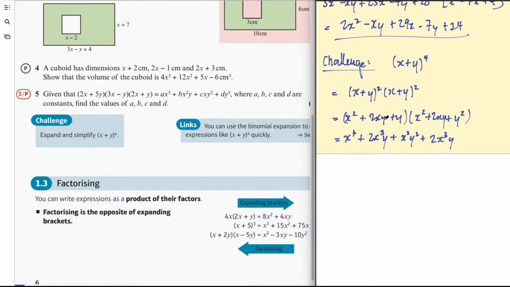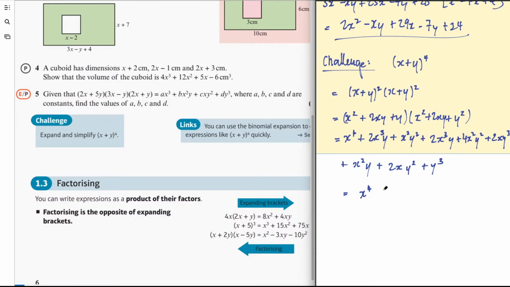Now multiplying 2xy by everything: plus 4x squared y squared plus 2xy cubed. Onto the next line, and then we've got to multiply everything by y: x squared y plus 2x y squared plus y cubed, and then simplify.